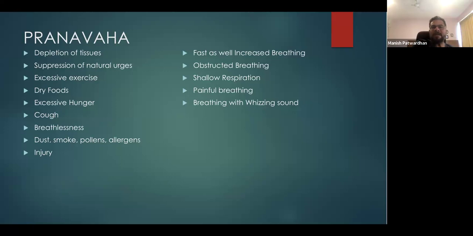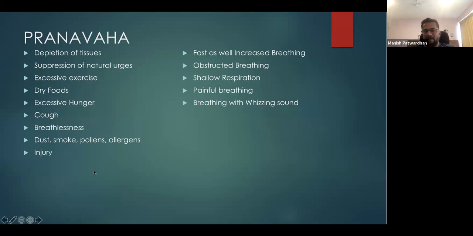Why do we want to rest after exercising? Because you have aggravated Vata, so the body is going to demand for opposite, which is grounding, resting. So excessive exercise, which is beyond your capacity, is also Vata aggravating.